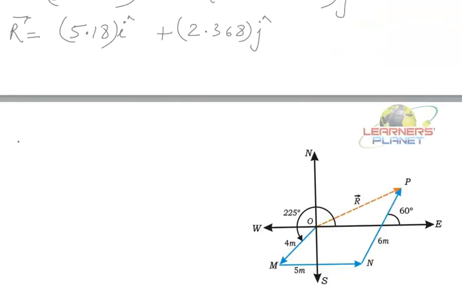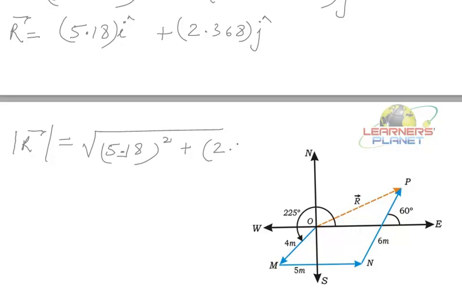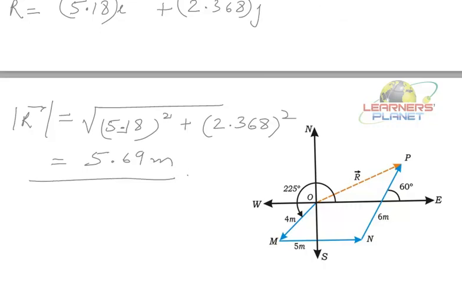Now if we calculate the magnitude, this will be equal to the square root of 5.18 squared plus 2.368 squared. So the final magnitude will be somewhere close to 5.69 meters.